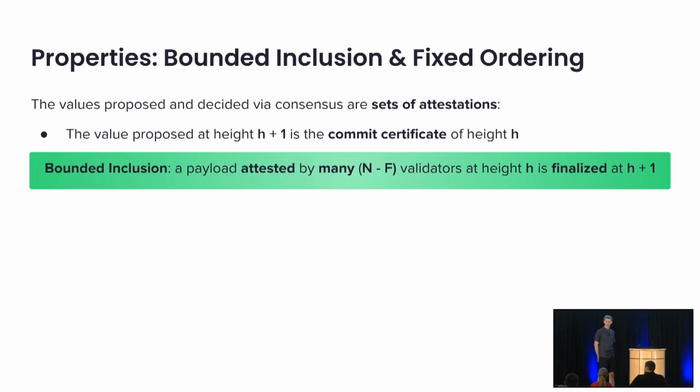And so, as I was saying, at height h+1, the value that gets proposed is going to be the commit certificate of the previously finalized block at height h. And bounded inclusion, therefore, becomes a payload attested by enough validators, in consensus terms n-f validators, gets finalized at height h+1. And that is a guarantee of the protocol.